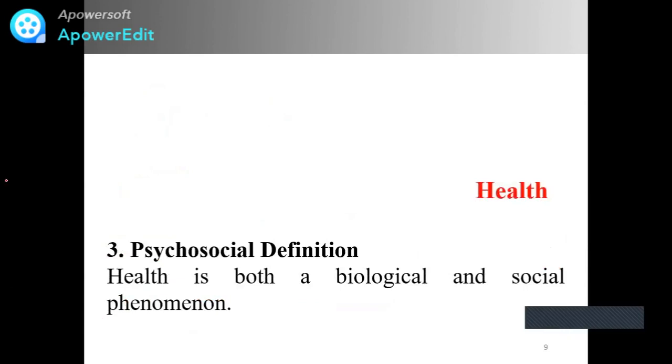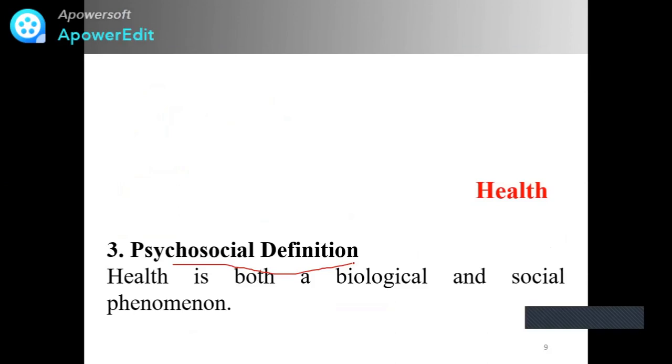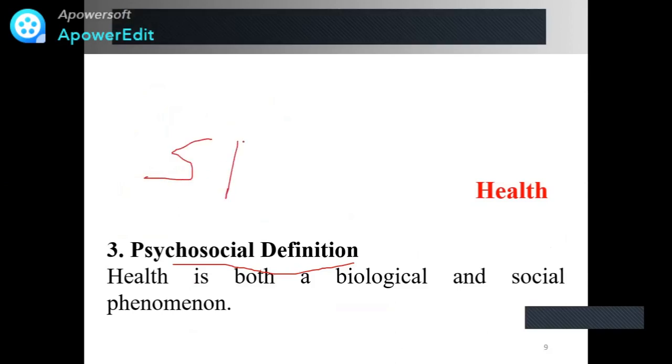Then third idea, psychosocial definitions. According to this concept, health is not only a biomedical phenomenon, but one which is influenced by social, psychological, cultural, economical, and political factors of people concerned.